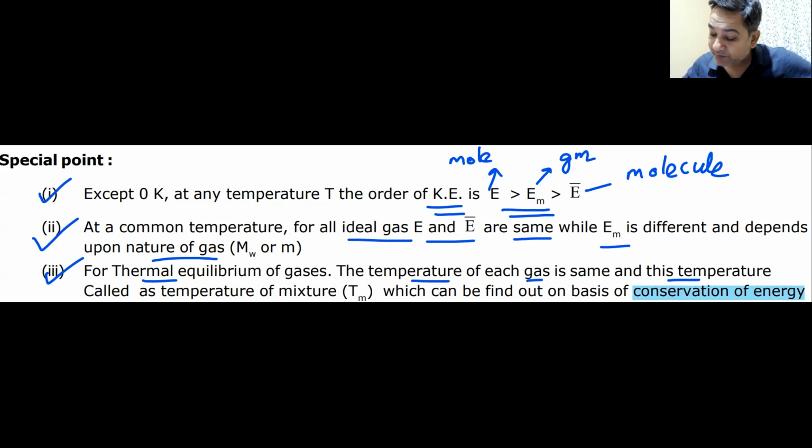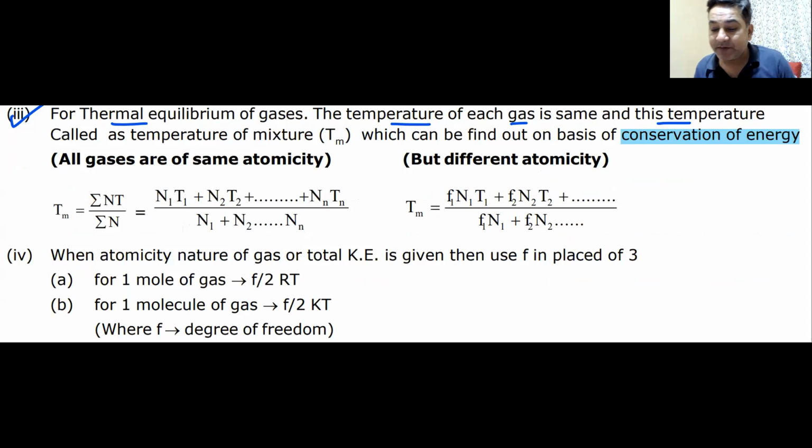If you can remember these formulae, it is going to help you not only in physics but also in chemistry, because this chapter is common for physics and chemistry, and that is why we are going to such lengths to remember this.